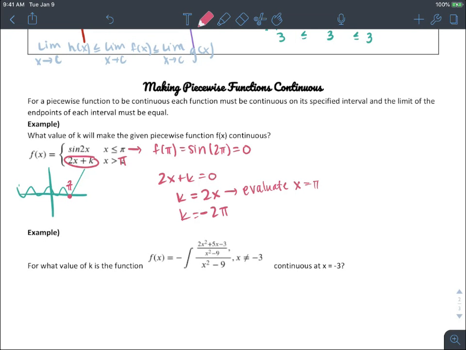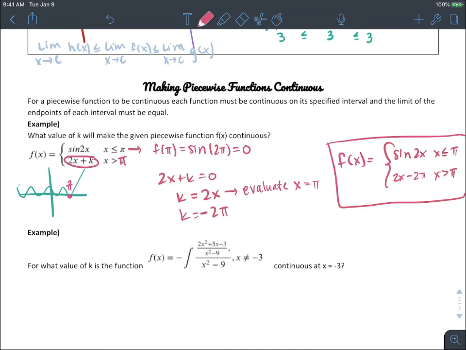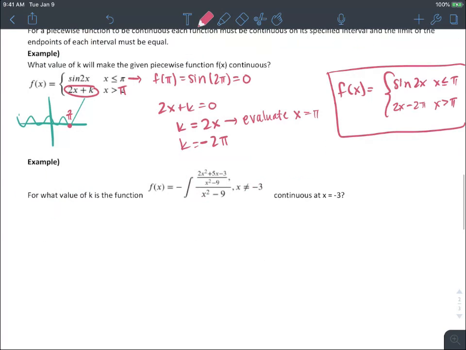So my piecewise function would look like sine of 2x for x less than or equal to pi, and 2x minus 2 pi for x's that are greater than pi. And that's how we make this continuous. Last one.